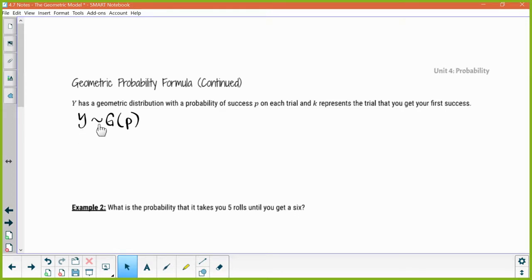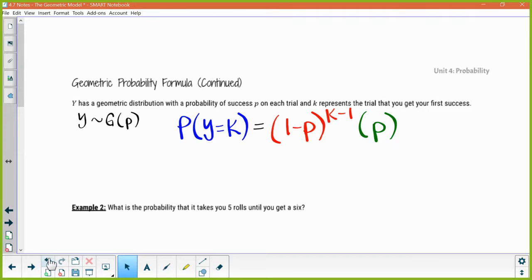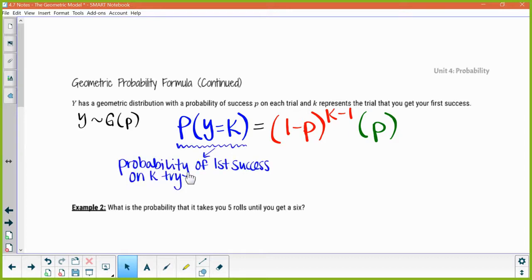So Y, given that it's geometric with a given probability, the formula looks like this. Probability that Y is equal to K means you're looking for the probability of the first success on the K trial, really. So if I wanted it to be like my first question, he rolled the 6 on the second roll, Y would be equal to 2.